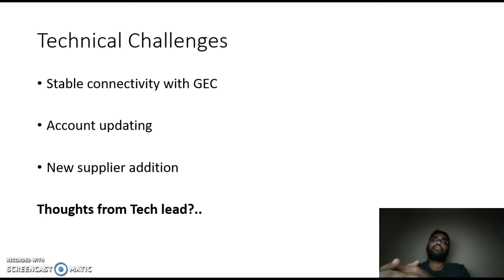So this will require very high speed servers and connectivity servers.